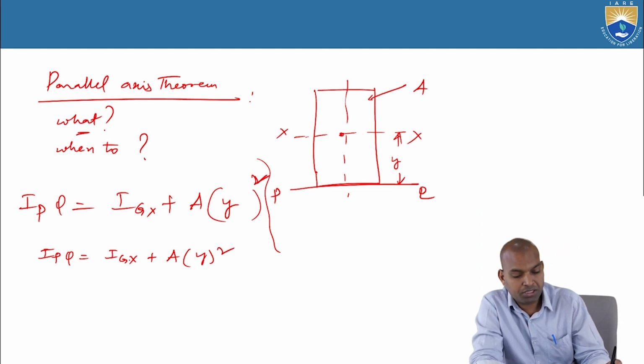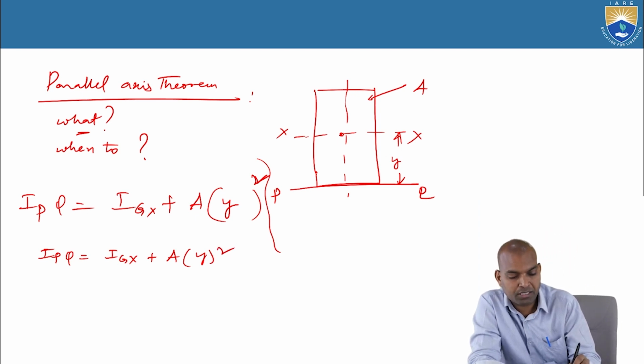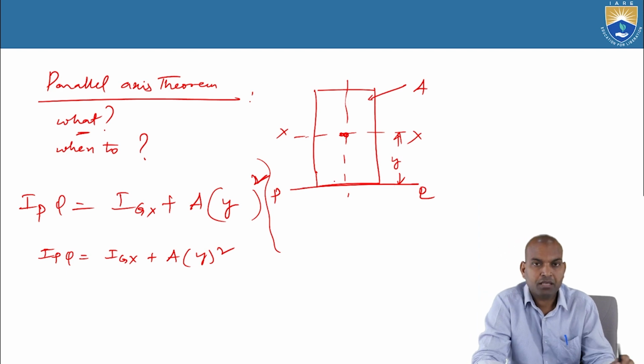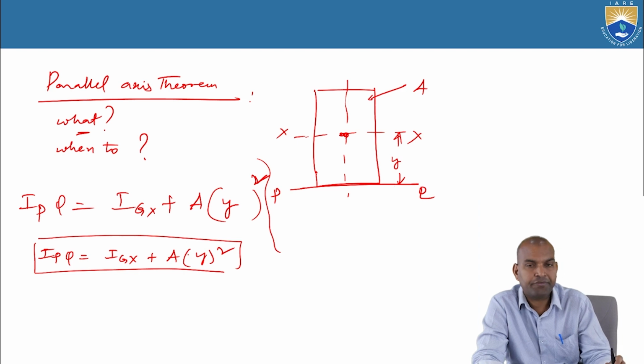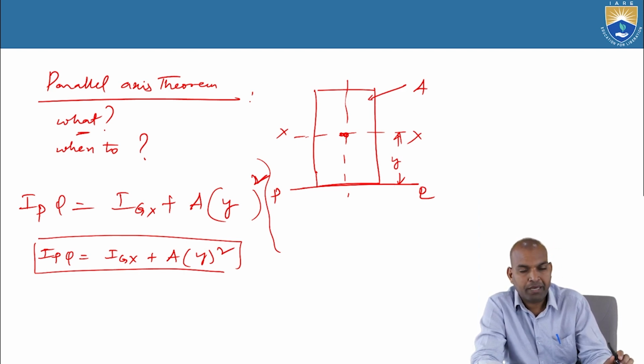This y is the distance from the centroid to the line. This expression is mathematically derived from the parallel axis theorem: IPQ equals IGX plus A y bar square. That is about PQ.